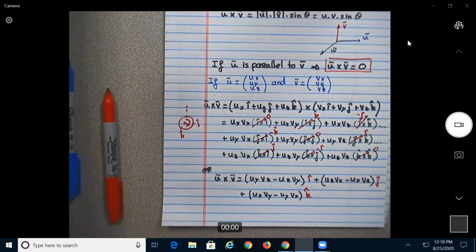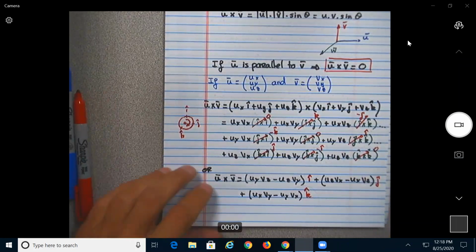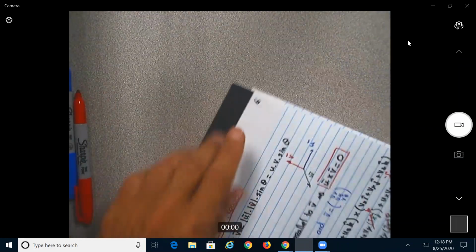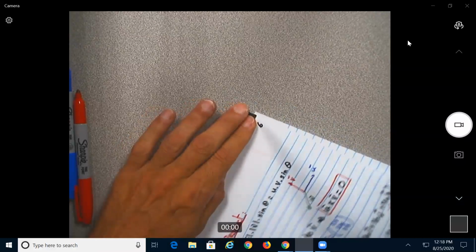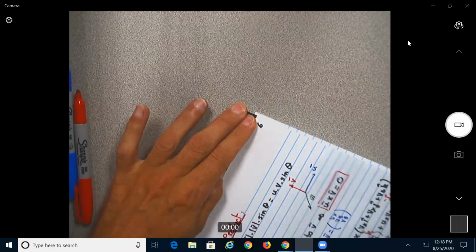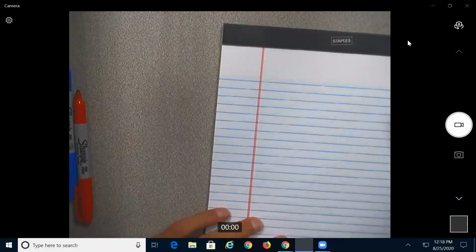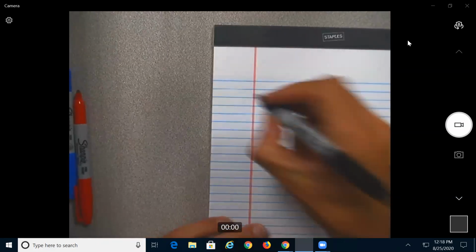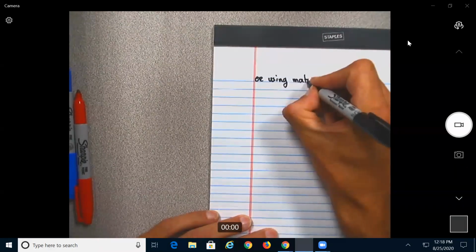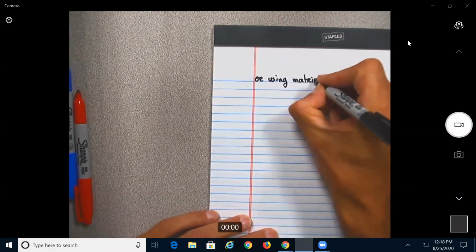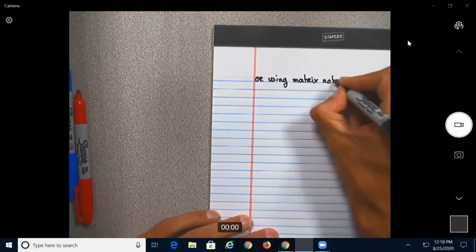What is the other fastest way to do the cross product? To use the matrix, no? Okay, or using matrix notation, what do you have?